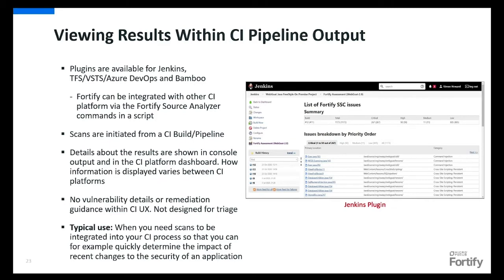Scans are initiated from your CI project or build or pipeline, and the results are shown in different ways. On the right-hand side over here is the output from Jenkins, which we're going to look at in a moment. And often what you will do is you really just want to integrate with your pipeline or project and look at the results within typically SSC.